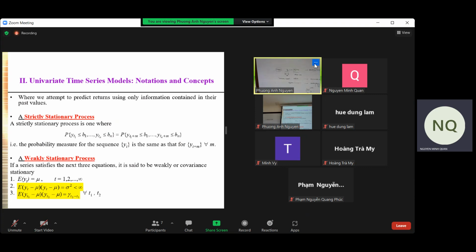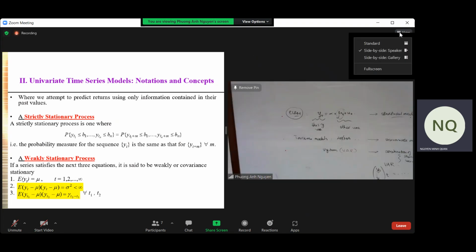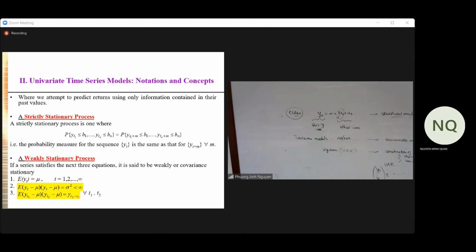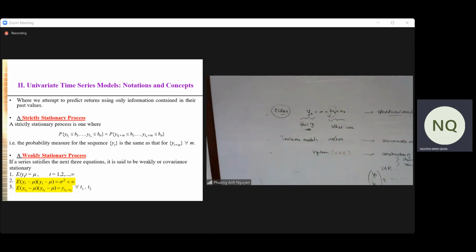So which are the basic concepts you need to know? When you talk about a time series, as we saw from the example, you can see the linear trend. You can also see the seasonality, the same pattern repeating every day.